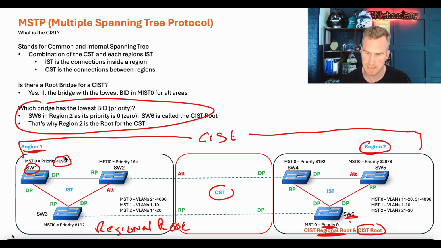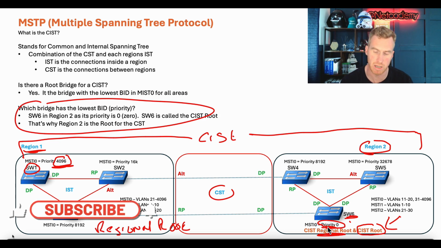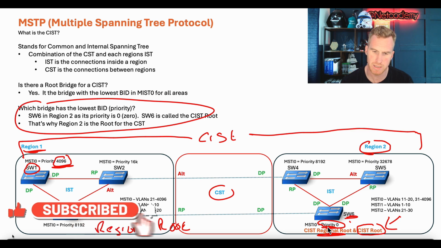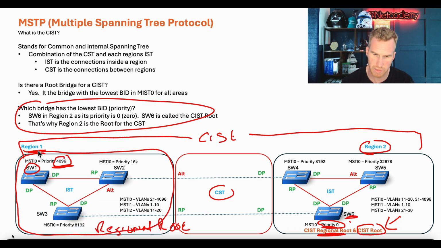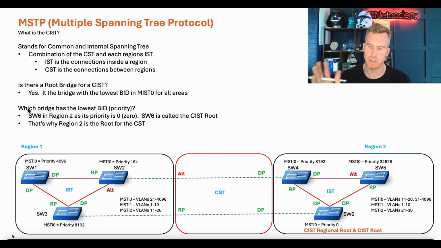So even though it's not the CIST root, because this priority here is higher than switch 6's priority over here of 0, it still has the best priority inside of region 1, and thus this here has become the root bridge. But just know at the end of the day, the CIST is the combination of the internal spanning tree in each region and the CST. I know I'm getting confused on the acronyms themselves, a bit of tongue twisters.